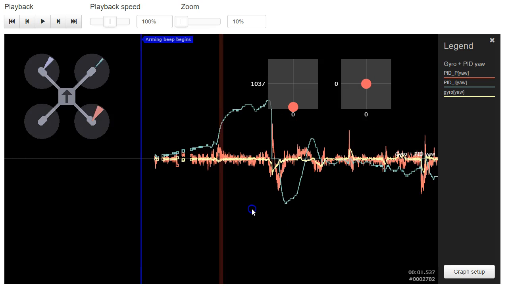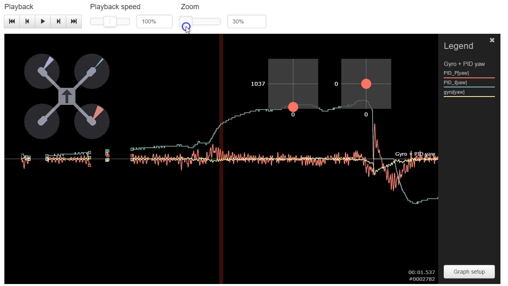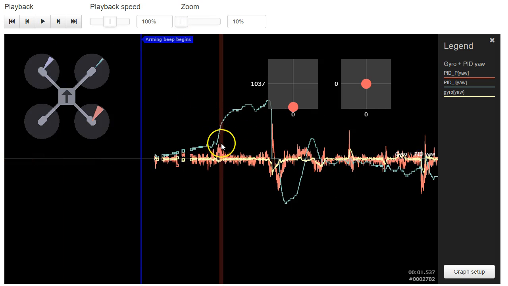Now this is already interesting to me. This may not even be related to your issue, but do you see that the I term on yaw has risen here very high? But look at the gyro. Notice that the gyro is flat. So the copter is not really yawing, but something is happening to create a yaw bias.